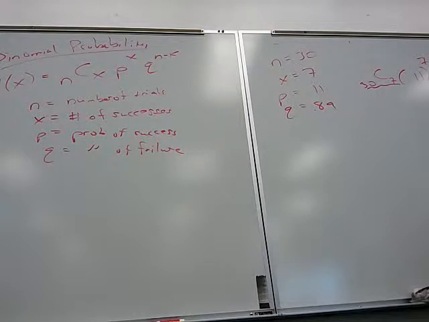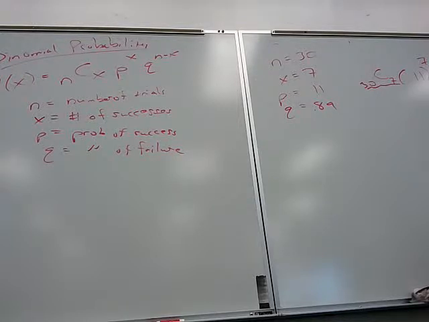Again, you don't have to put parentheses in there, I don't think. To the rest, the 23. Okay. So then there would be almost a 3% chance that out of any group of 30 people, exactly 7 of them would be left-handed.